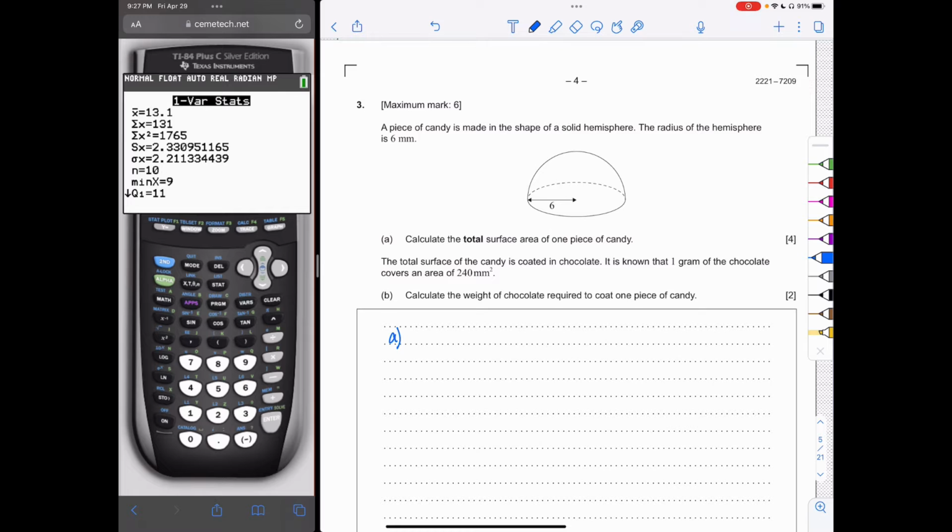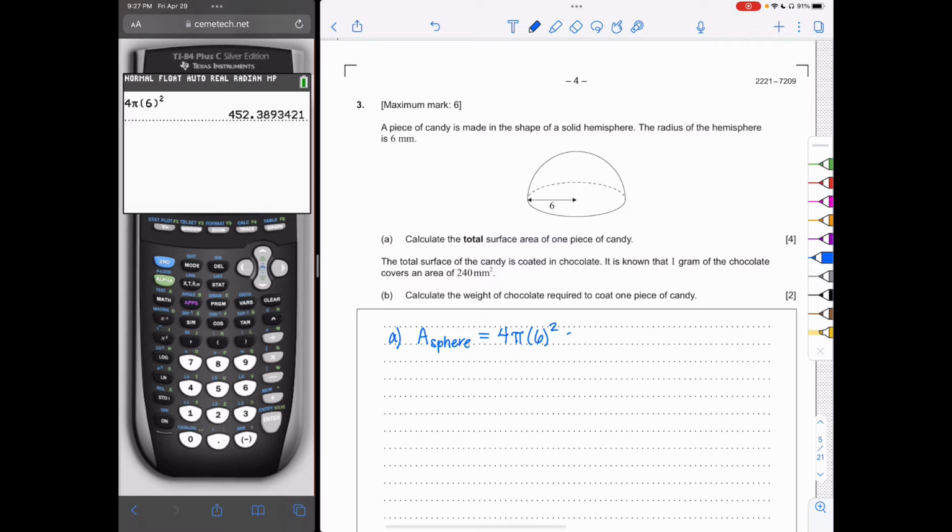So if we found the surface area of a sphere, we know that we will end up having 4 times pi times r, which is 6, squared. So if we were to put that in, we would have 4 pi times 6 squared here. So that will be the area of the sphere. So that's going to be approximately 452.